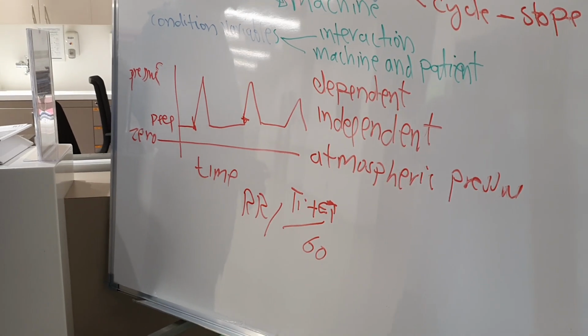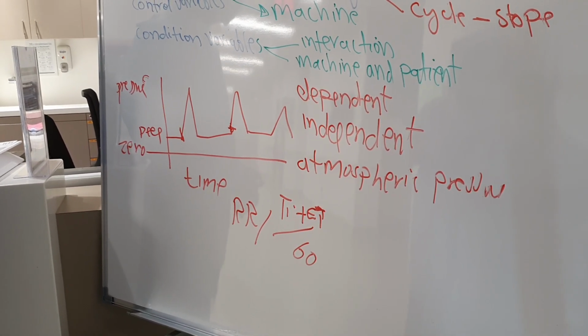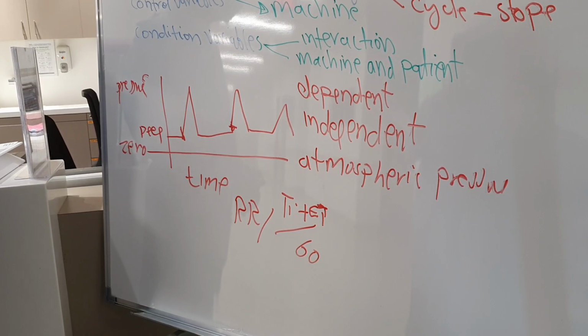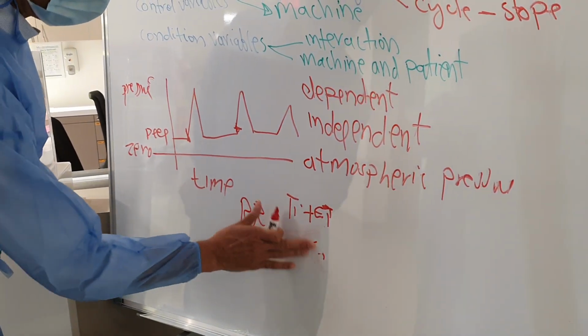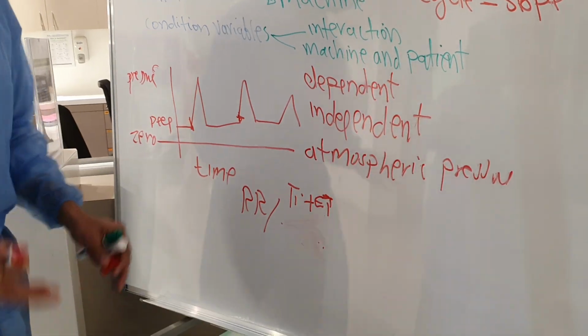So what's the rate? It'll be 60 over 1. Oh, sorry, not divided by 60, multiplied by 60. So the rate will be 60.